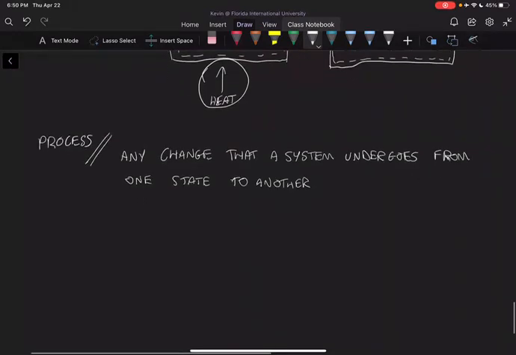And the path of that process, so what we usually call the path, is a series of states through which a system passes.